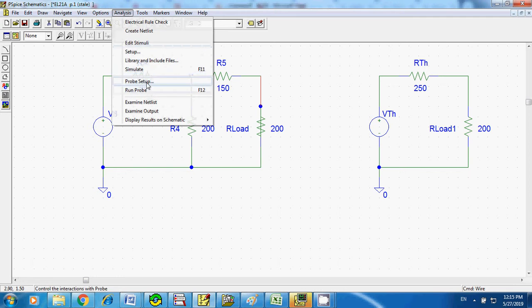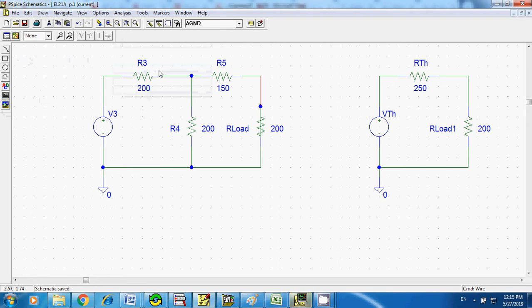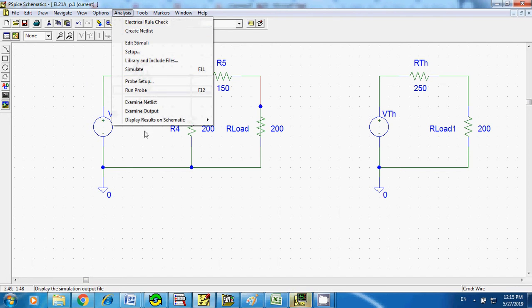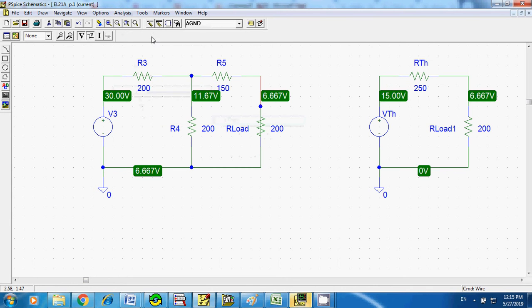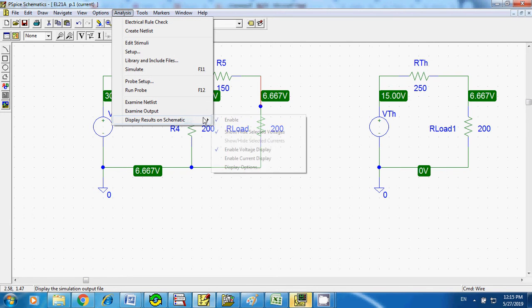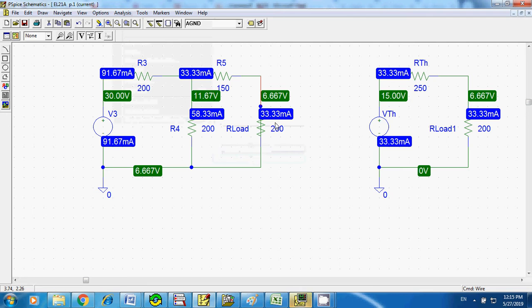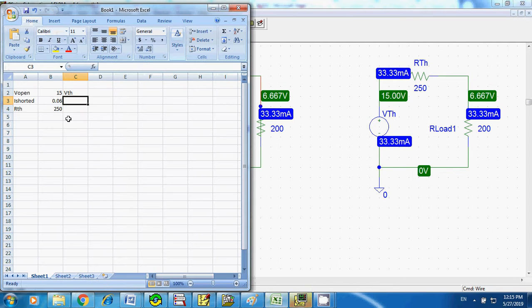So I do a simulation and look for the current. So the current flowing through R5 is about 33.33 milliamps. Okay, that's what I have in my Excel right here. We open, you have 15.